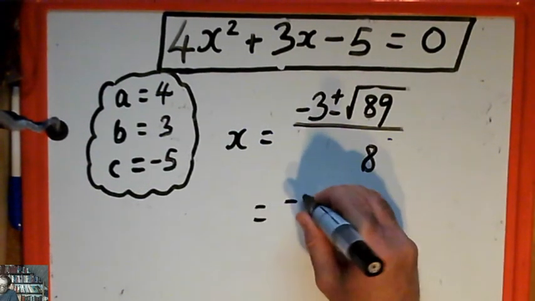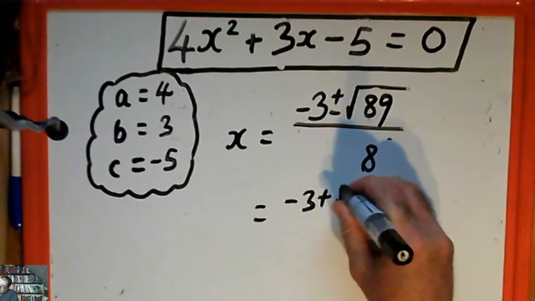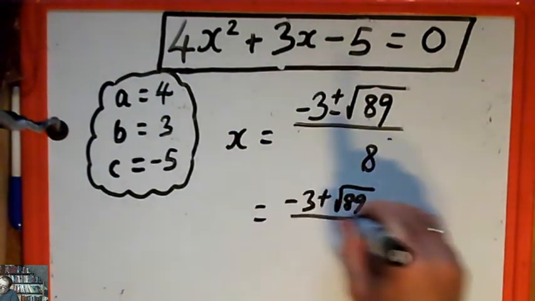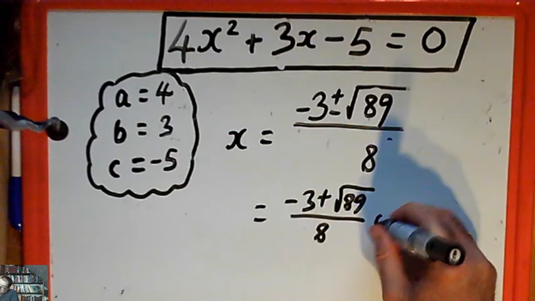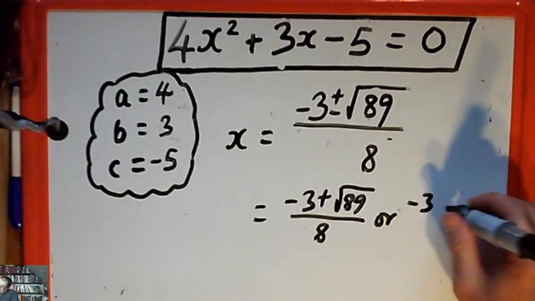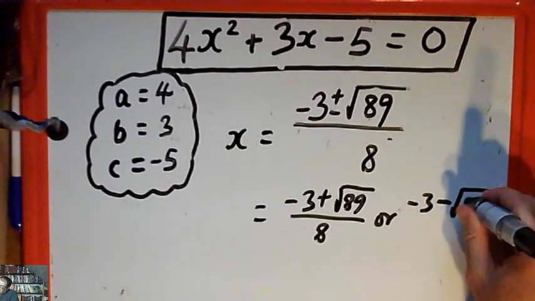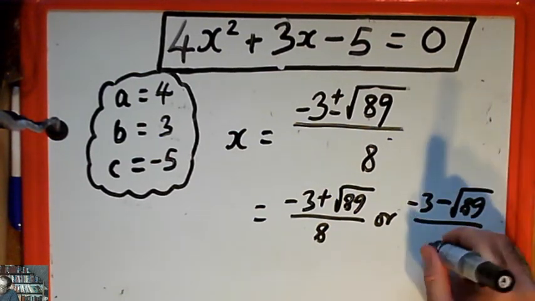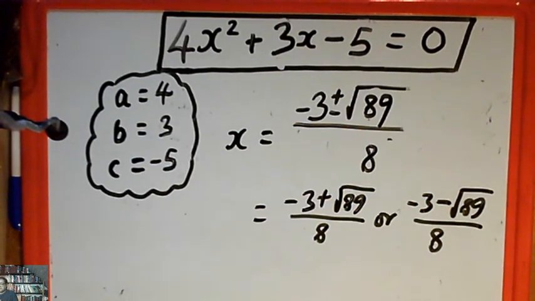X equals minus 3 plus root 89 all divided by 8, or minus 3 minus root 89 all divided by 8. So I'm going to get onto my scientific calculator now and see what we get for that.